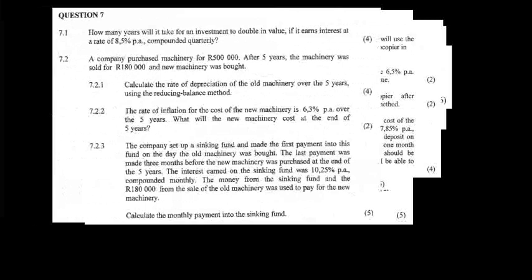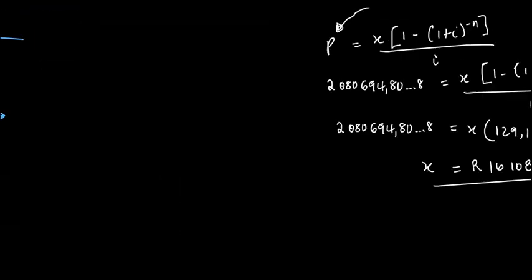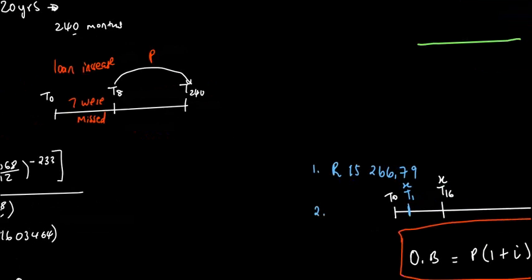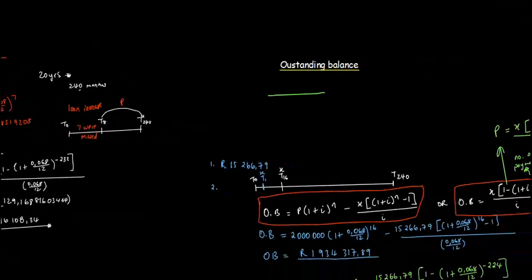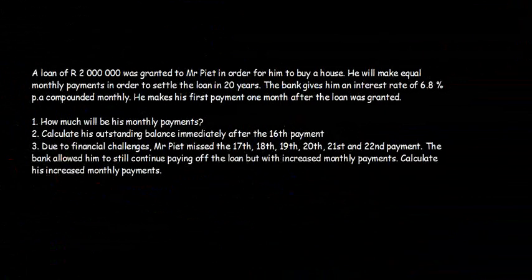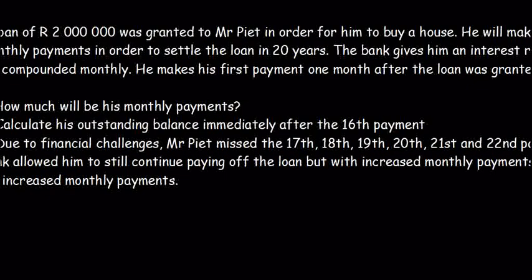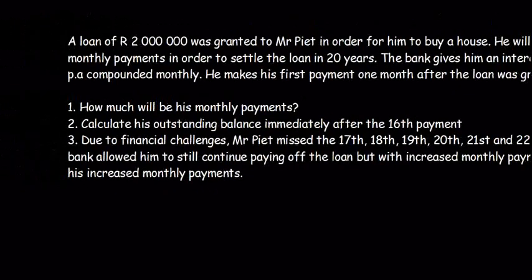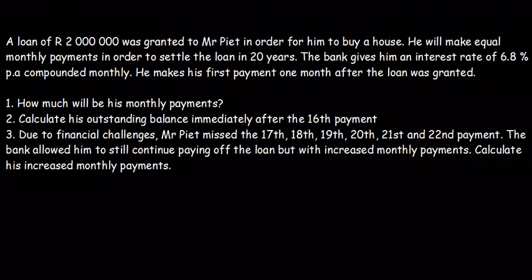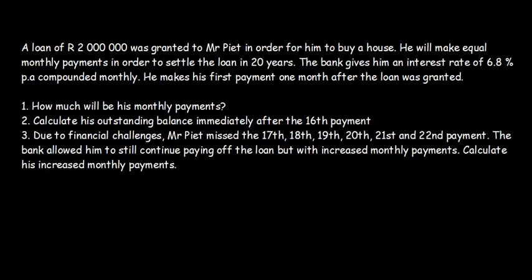But I just wanted to show you that the trend is very much the same all the time. So you should watch out for those questions. It will ask you for an outstanding balance after a certain payment, and then they're going to say he missed the next payments. So without wasting any of your time, how do you calculate that?